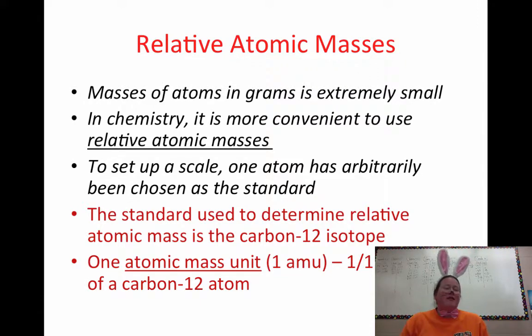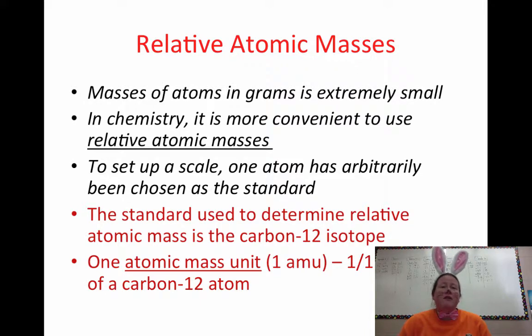This video is going to talk about relative atomic masses and how a mass scale was created to make discussions about atomic mass a little bit easier, instead of referring to actual masses in grams because they're so small.